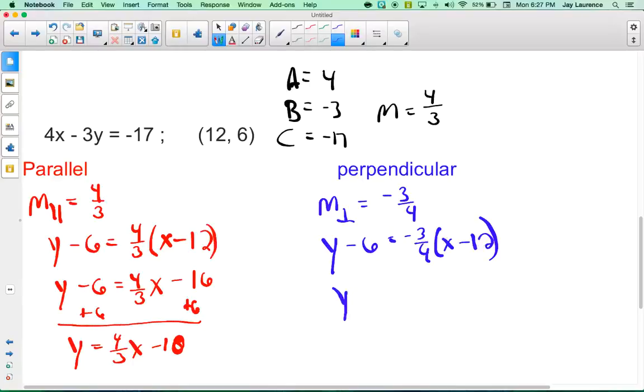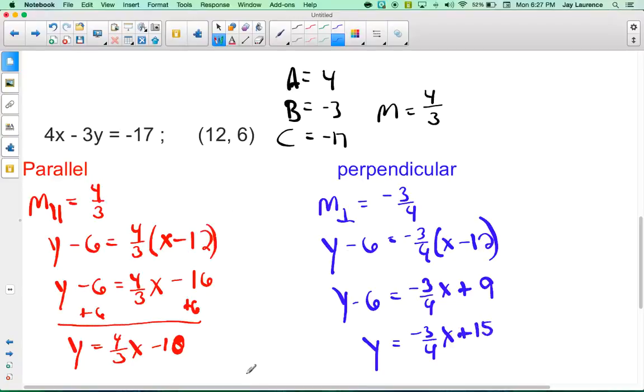Distributing, y minus 6 equals -3/4 times x plus 9. Adding 6 to both sides will get me y equals -3/4 x plus 15.